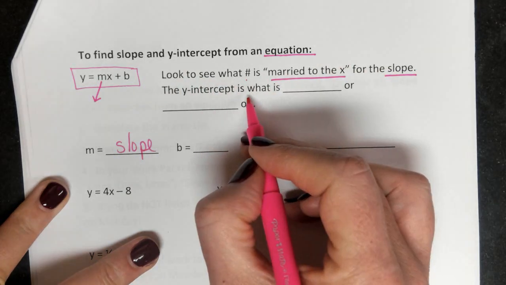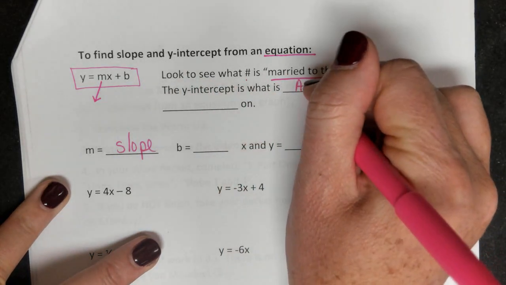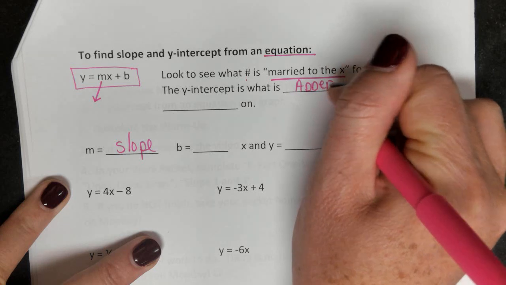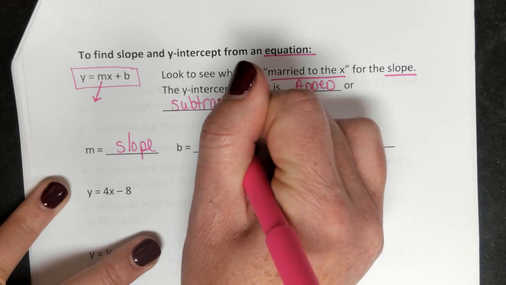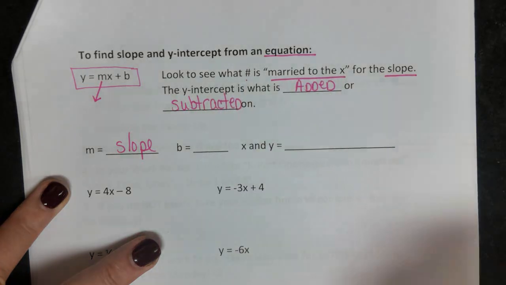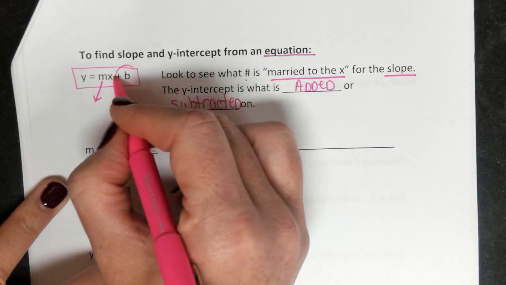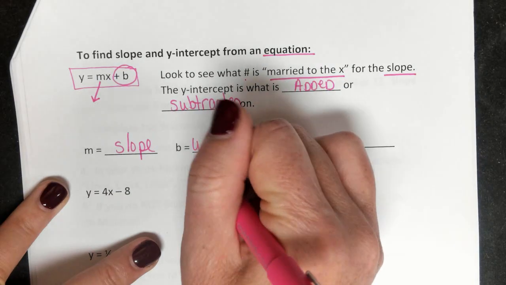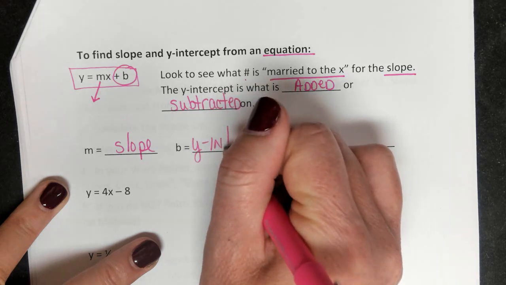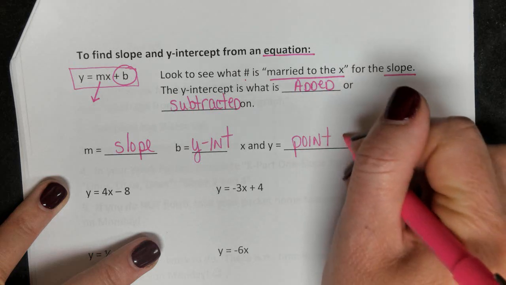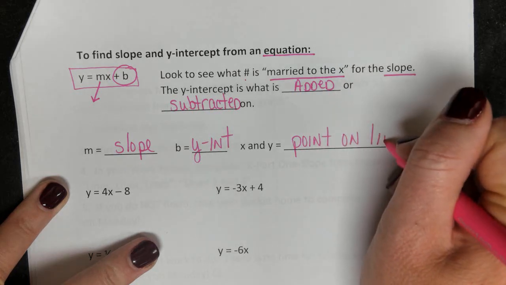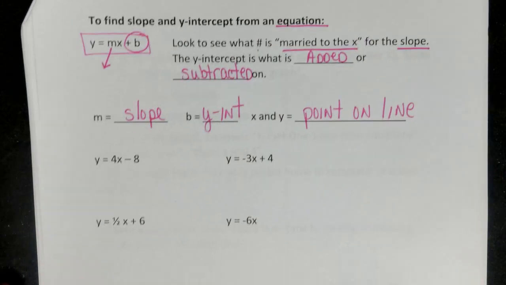The y-intercept is what is added or subtracted onto the equation. So notice this b right here. b stands for the y-intercept, and x and y just represent a point on the line. Okay, so it should be super, super easy.